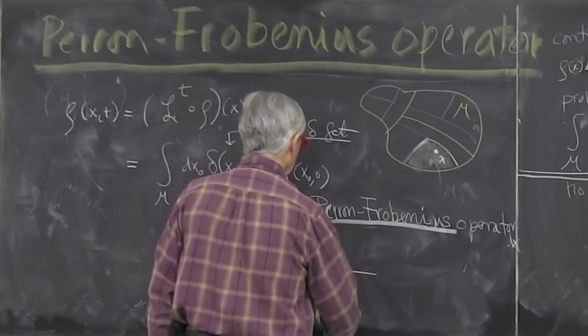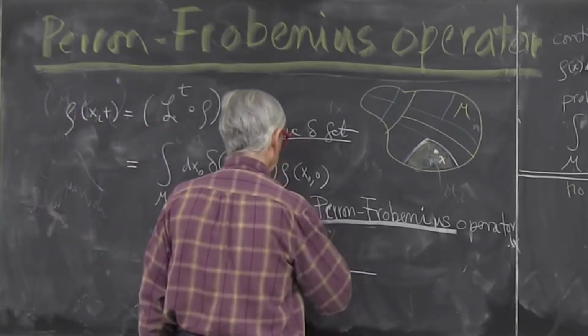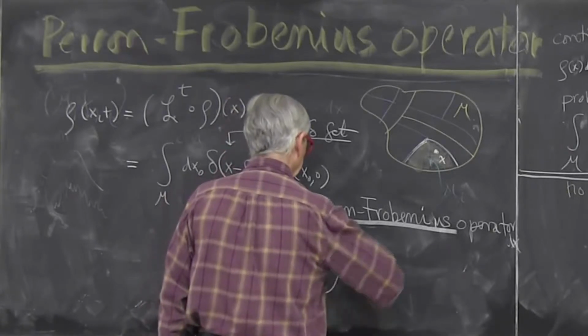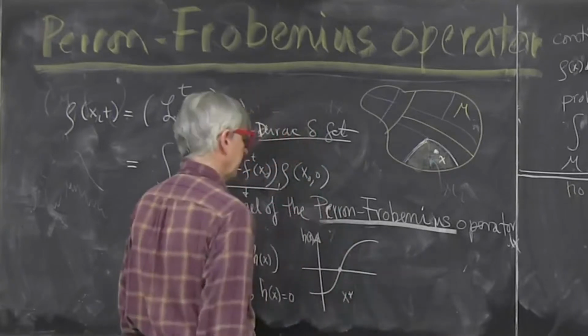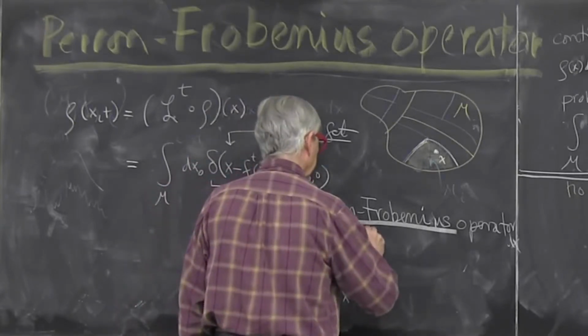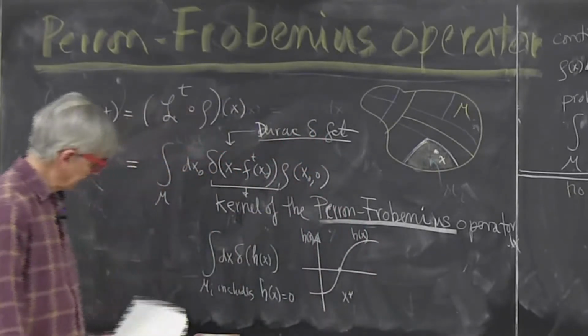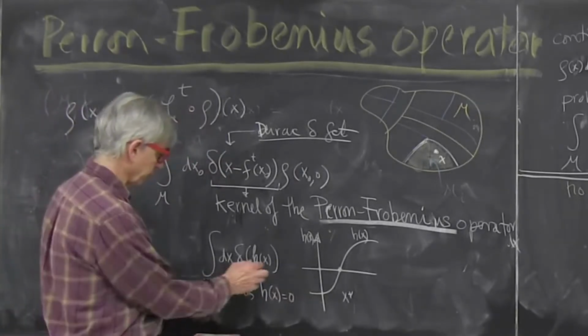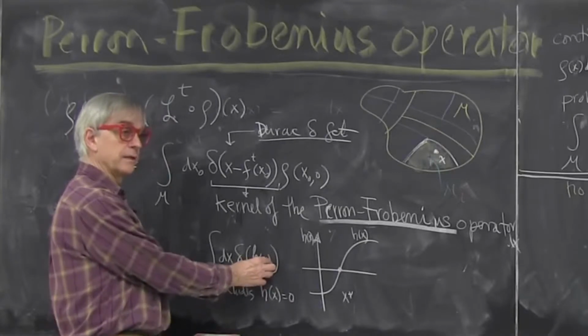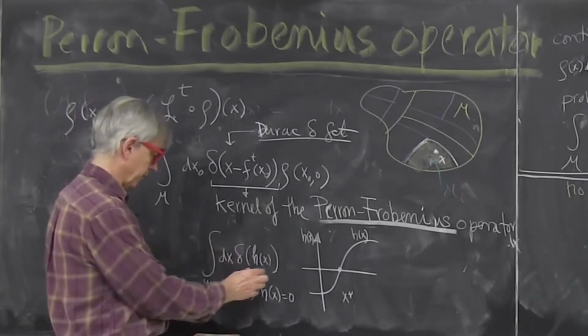In other words, you're looking at a function h of x. It goes through 0. Here, this is h of x. And then the Dirac delta function is supposed to give you a contribution because its argument is 0. So it's supposed to give you 1.